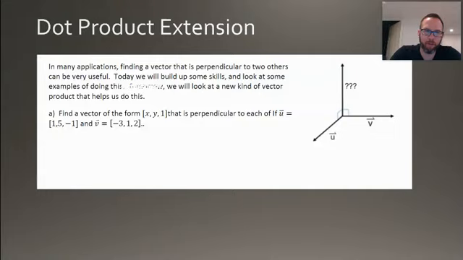So we're going to be finding a vector that's perpendicular to the vector u, 1, 5, minus 1, and the vector v, minus 3, 1, 2. In this case, so that we can get two equations and two unknowns, I said the z value has to be 1.